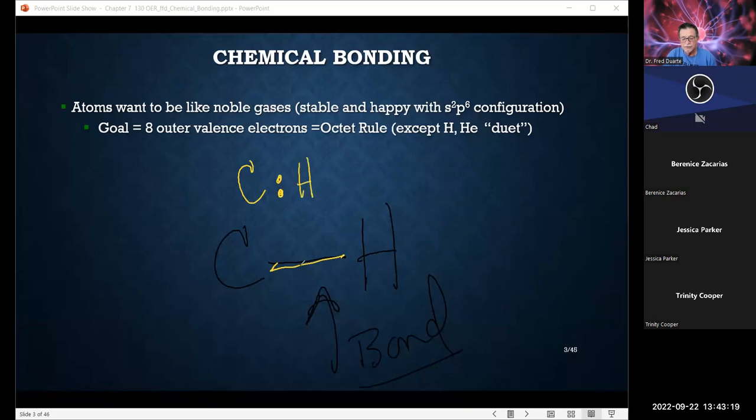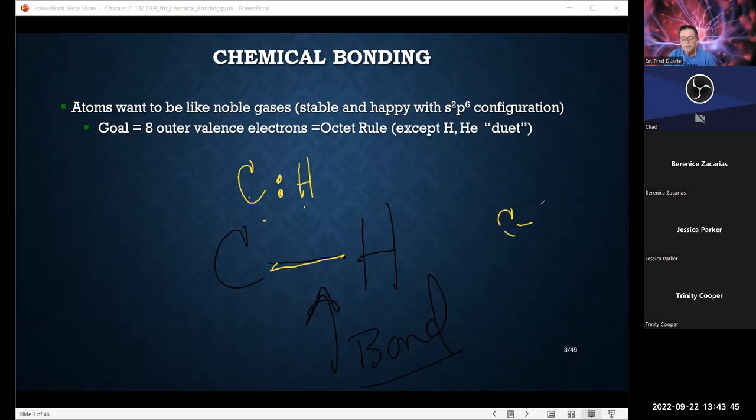These two dots represent that line. And that's it. I can't put any more. The rule for hydrogen is the duet. Those two electrons are being shared between the carbon and the hydrogen, and therefore count toward both, each one, when we are making sure the octet is full.